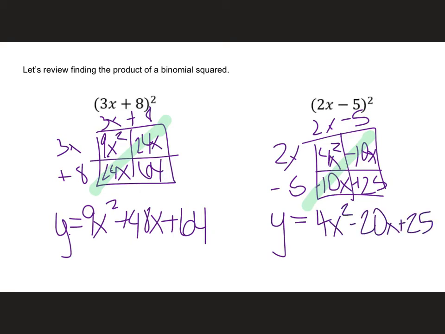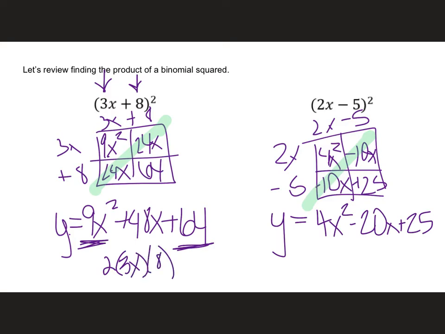And then we talked about, well, what we're really doing is squaring the first term and the second term in the binomial. So 3x squared gives us 9x squared, and 8 squared gives us 64. To get the middle term, if you remember, we said that we multiplied them together twice. So we would say it was 2 times 3x times 8.